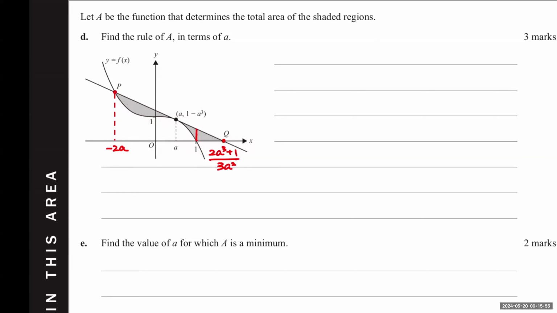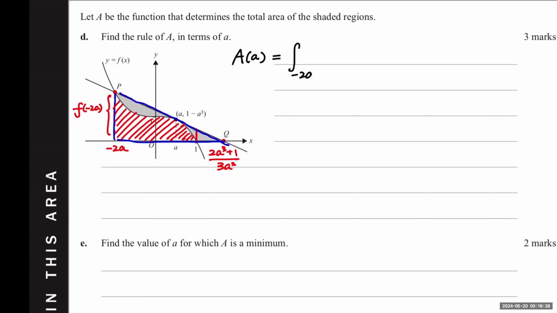I'd rather you use, let's say, this height here is f of minus 2a, okay? So what I'm trying to do is use this triangle to subtract the area under this f of x, to get the shaded area. For example, the rule of A in terms of a is the integration from minus 2a to 2a cubed plus 1 divided by 3a squared.